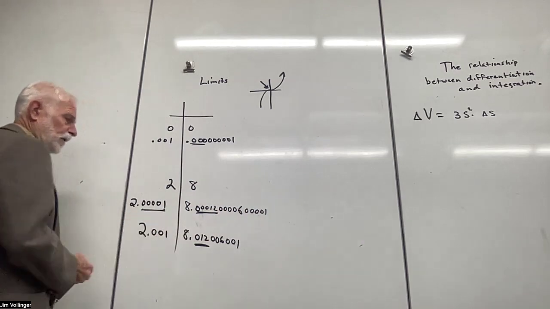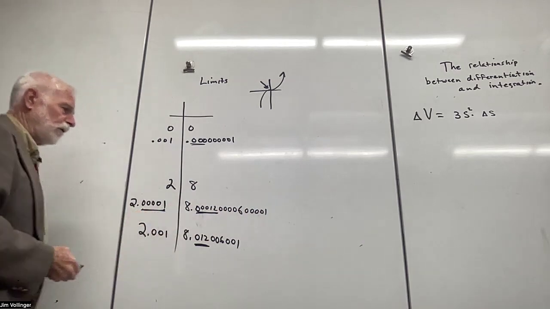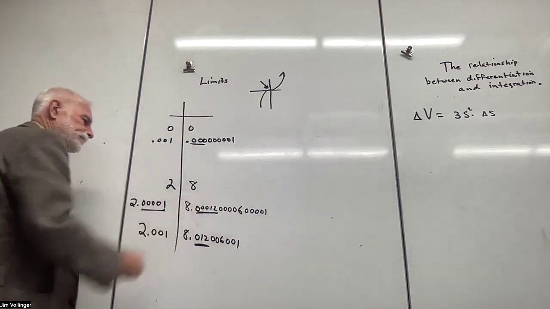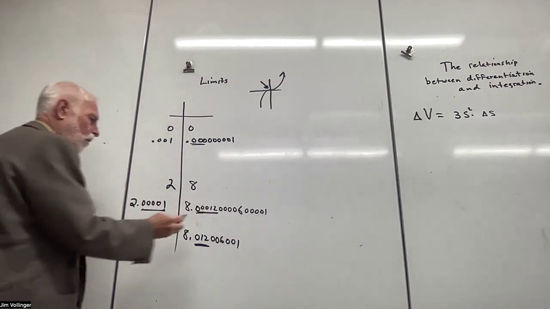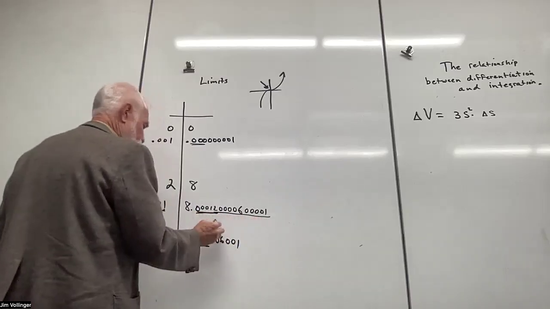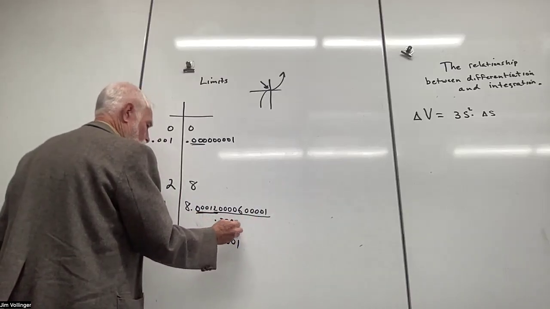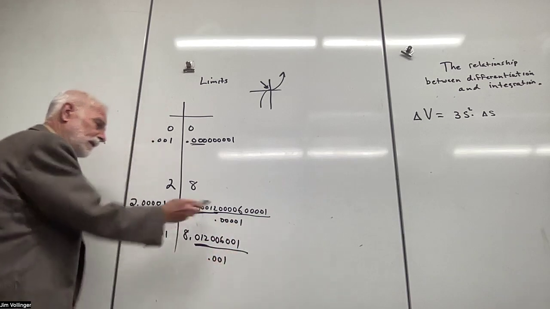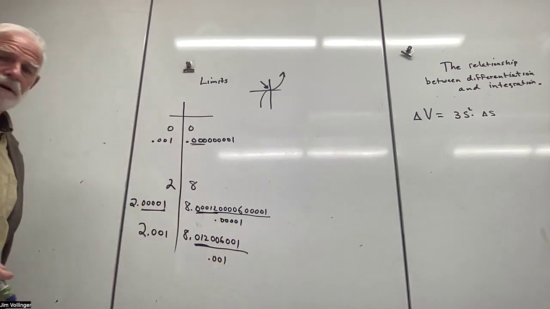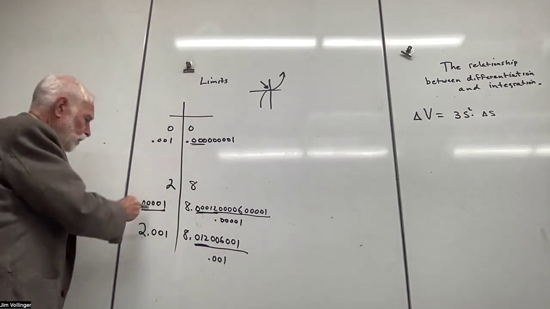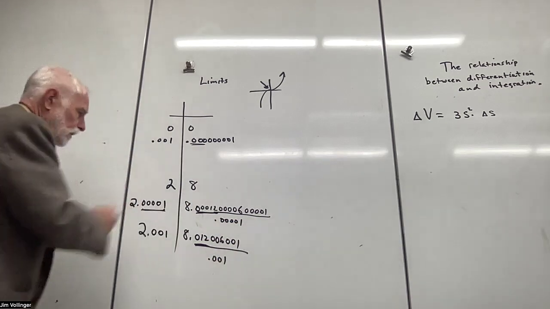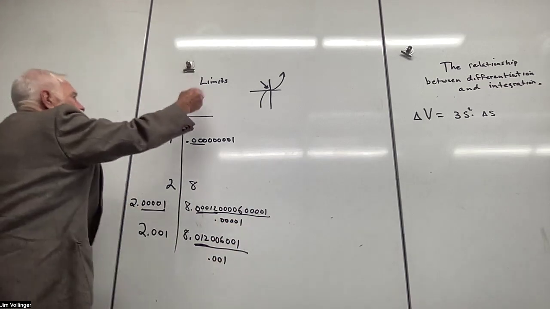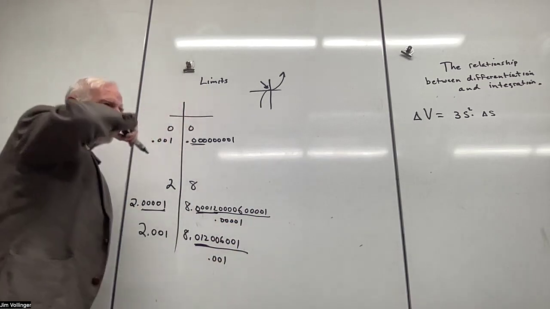We're still getting a 12-to-1 ratio, but this is more accurate. If I were to divide the whole thing by 0.00001 and this whole thing by 0.001, that's a more accurate representation of the change from 2, a one-sided limit. But again, this is really the notion of a limit.